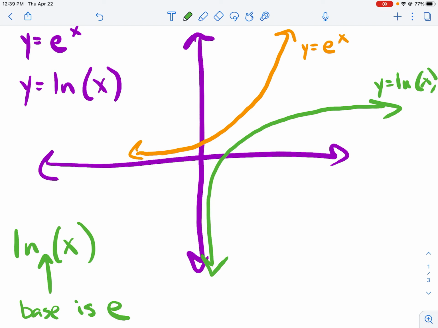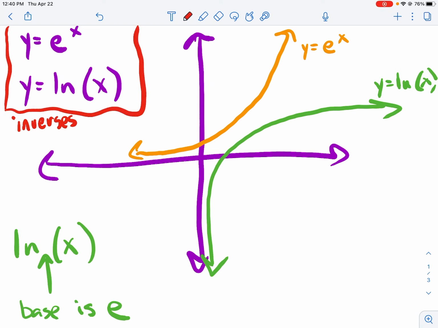What I'm trying to emphasize is that the relationship between these two graphs is that they are inverses of each other. The reason I'm mentioning that is because when we solve equations that have natural log or e in them, we have to use the fact that e and natural log are inverses of each other in order to solve these problems.